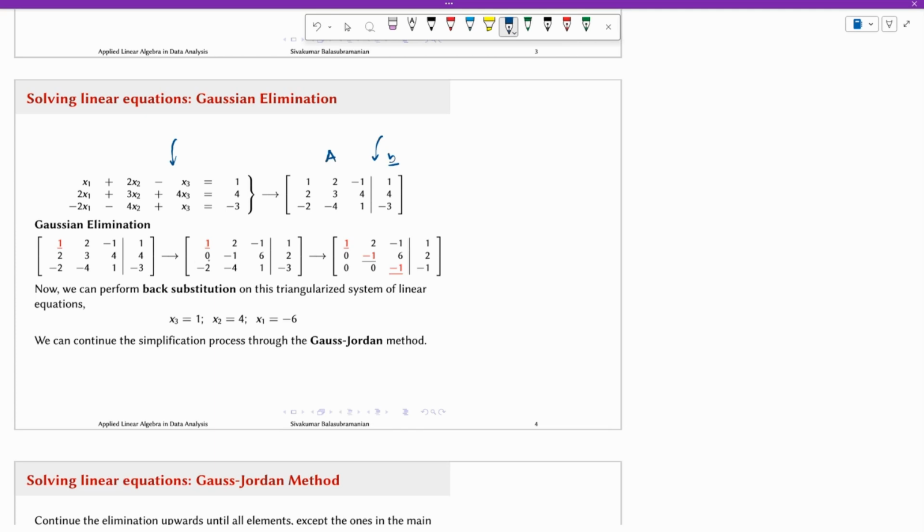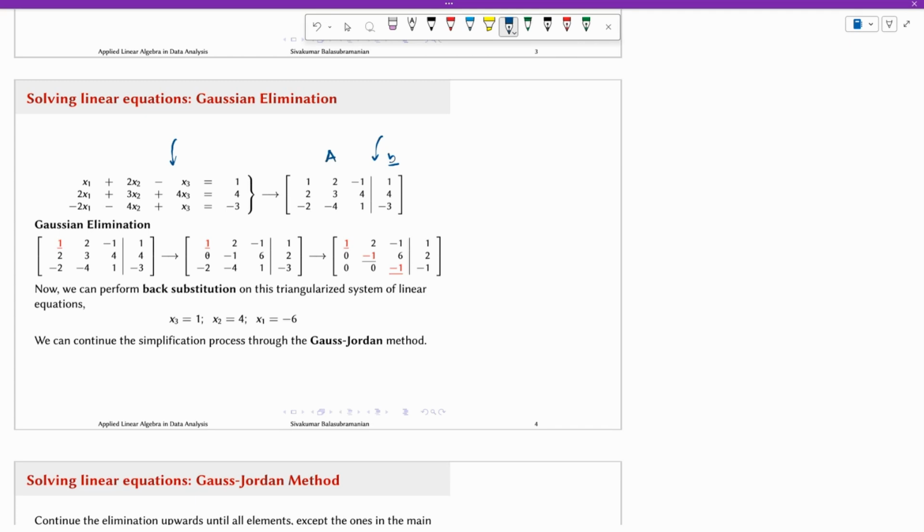Of course, this will become 0. 3 minus 2 times this, that will be minus 1. Minus 2 times this, that will be 6. And then 2 times this element plus 4 will give you 2. Now we made this 0.